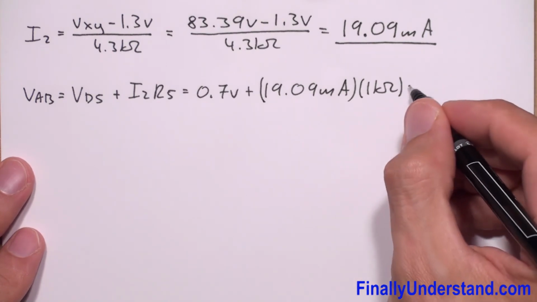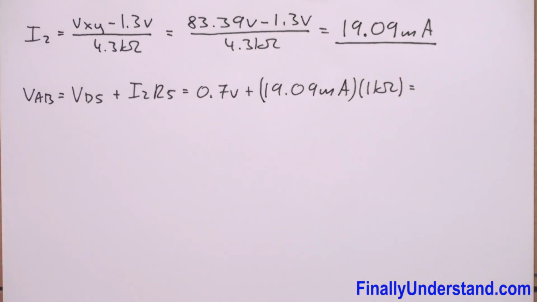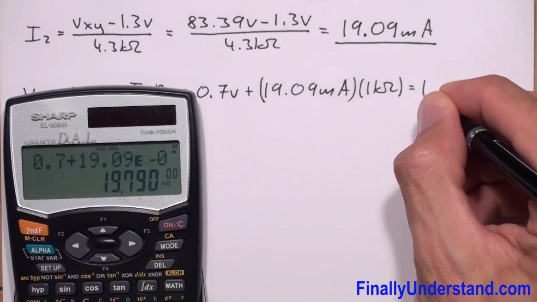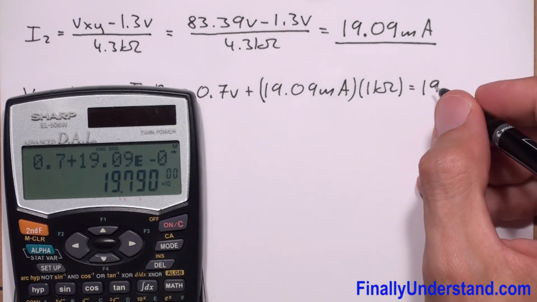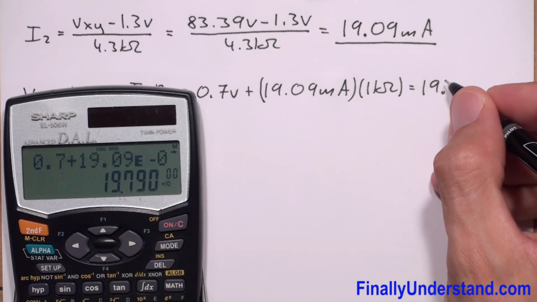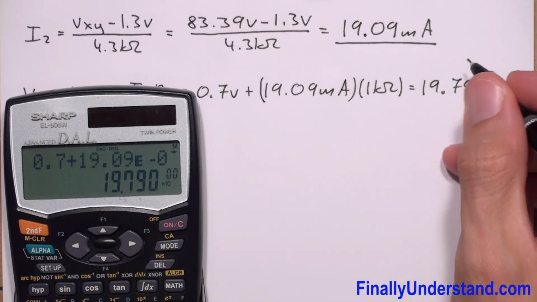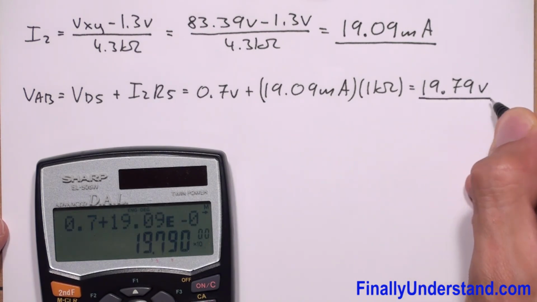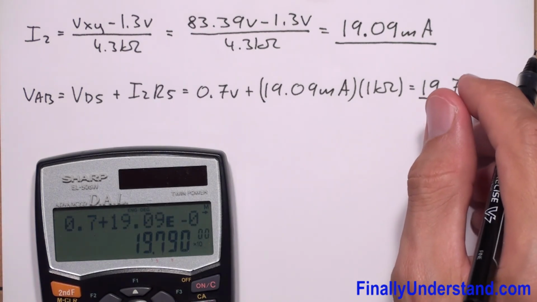This is equal to 0.7 plus 19.09 exponent negative 3 times 1 exponent 3. This is equal to 19.79 volts. Okay, so this is my VAB.